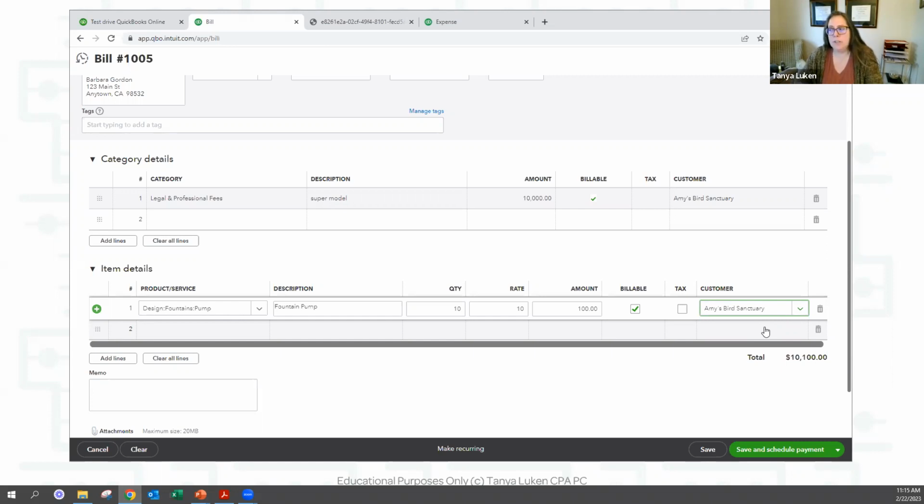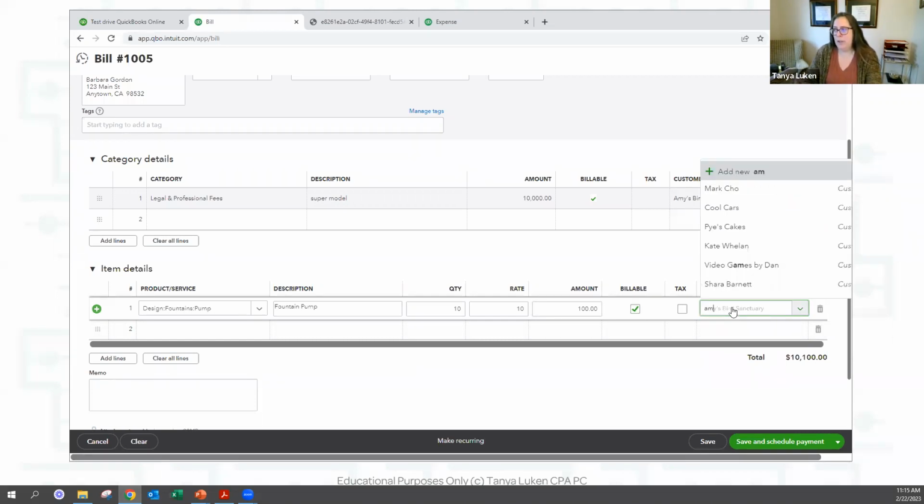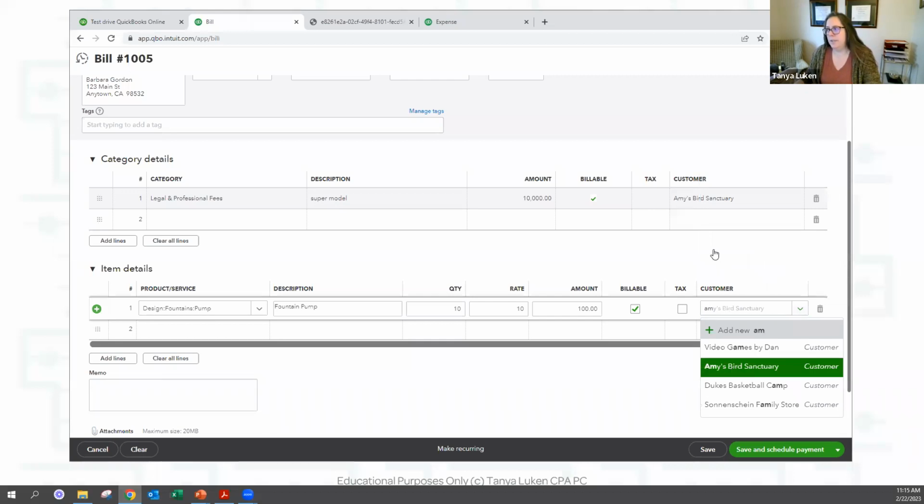Or we could say we're just buying 10 pumps and keeping them in stock to have around for later when we want to sell them. Then you wouldn't necessarily pick that it's billable to a customer. If you're buying something that you're specifically going to put on an invoice to someone, you would mark it as billable, and then put whoever you want to sell it to.